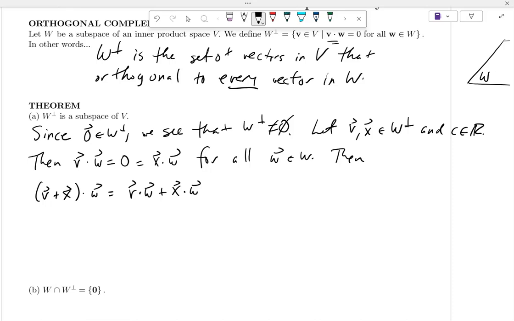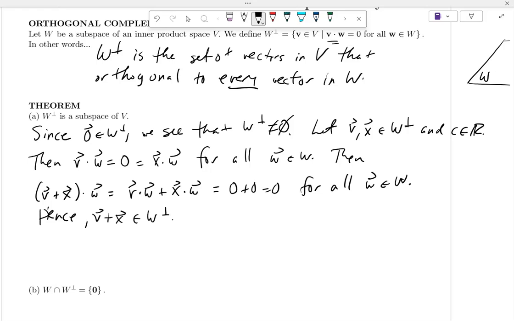And then what's each of those? Each of those dot products is 0, good. And again, this will be for all W in W, because it's true for all W in W for the X and the V. Hence, V plus X is back in W perp.